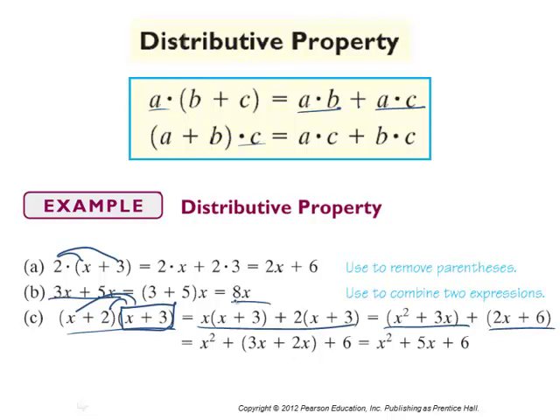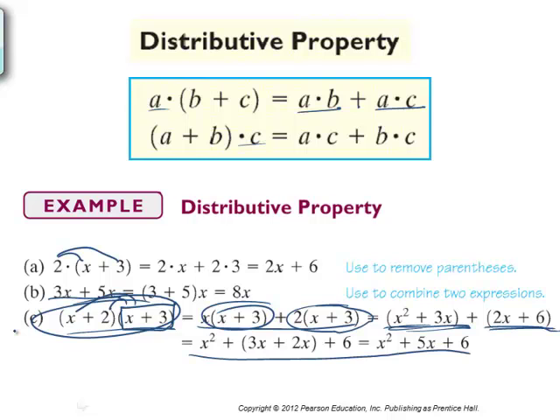We use the distributive property on this one to get that right here, and use the distributive property there to get this. And then combine like terms. Okay? So when you FOIL out the product of 2 binomials, you're actually doing a double application of the distributive property.